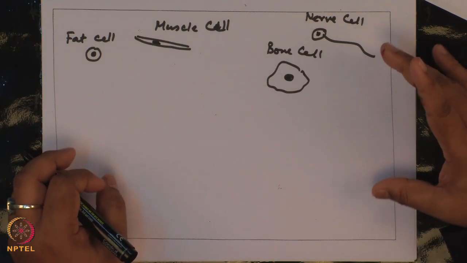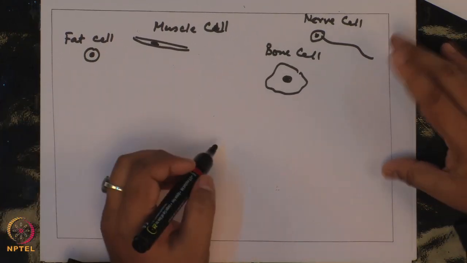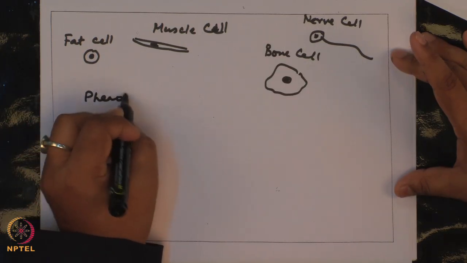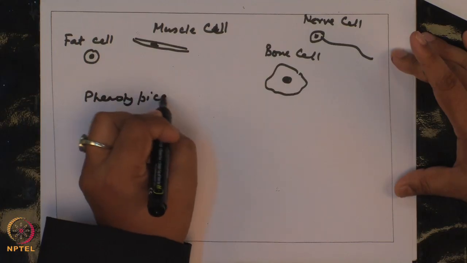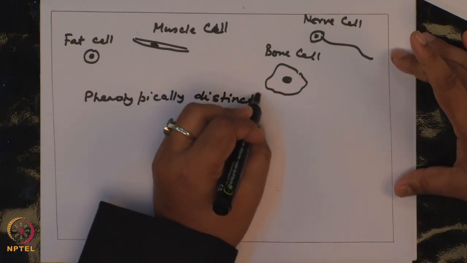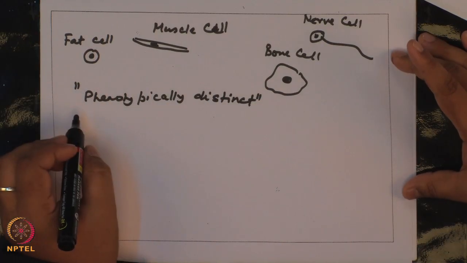So, what you see is that these cells have distinct phenotypes.